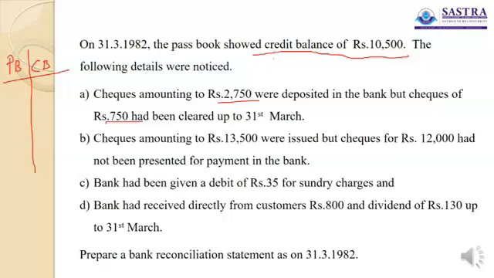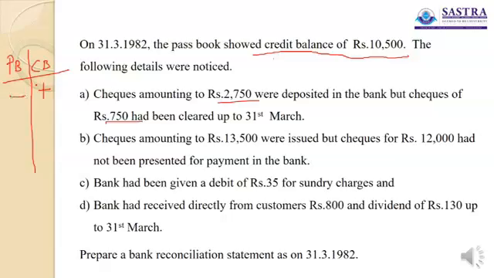Whenever we received a check, we would have entered it as a receipt and kept the cash book's balance higher. Whereas the same has to be deposited into the bank, and the bank's responsibility is to collect and credit our account, which has been remitted in the bank but cleared only up to 750, not the rest.